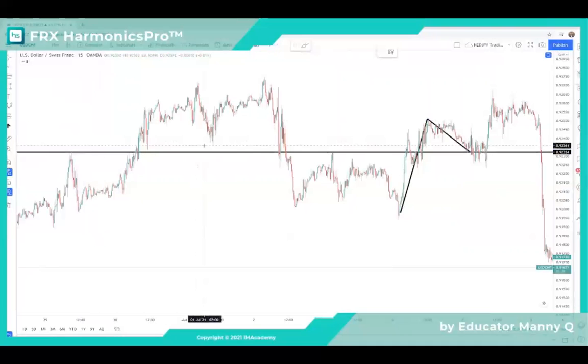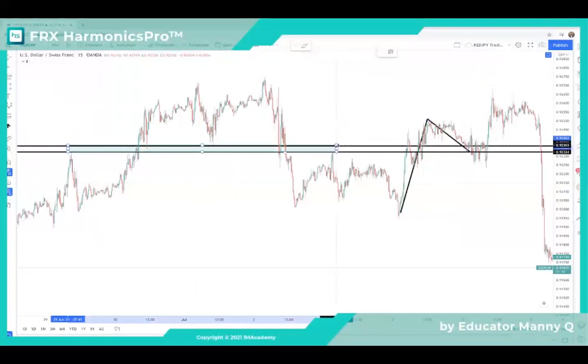We can see that there's a very, very strong price reversal zone over here. Look at how there were multiple hits over here. Price rejection, price rejection, price rejection before the break and the retest, helping us signify that this is a valid price level to enter in the market.